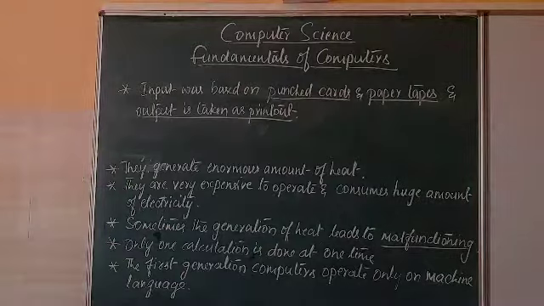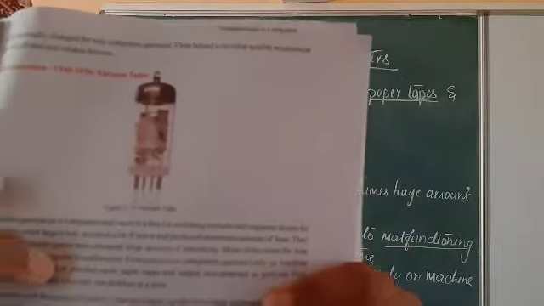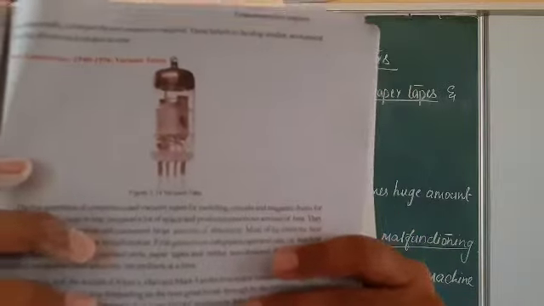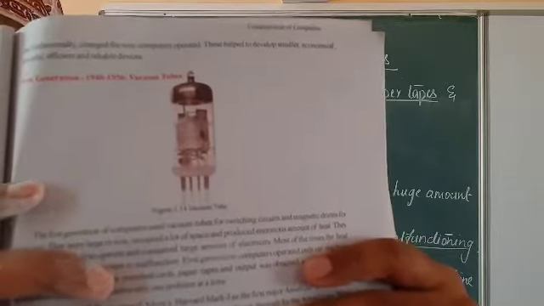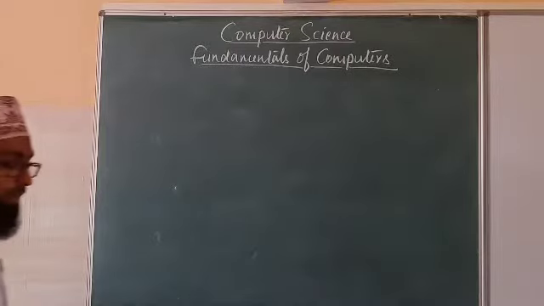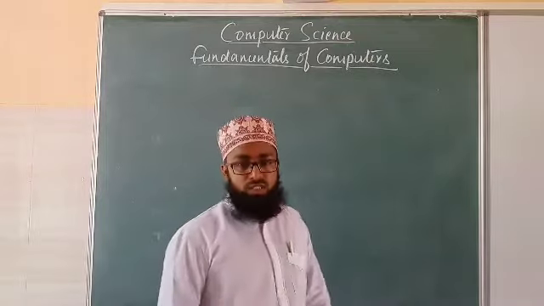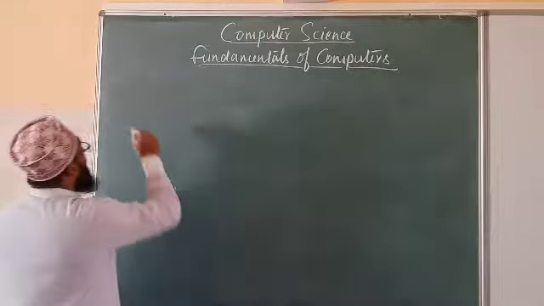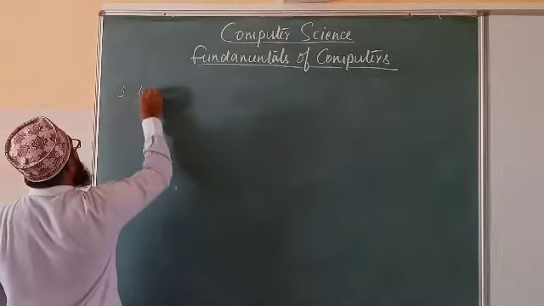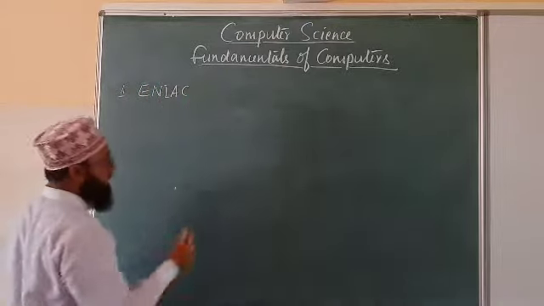See, these are vacuum tubes. This type of tubes were used in the first generation of computers. Now we are going to discuss two first generation computers. Among those, the first one is ENIAC. This is a first generation computer.